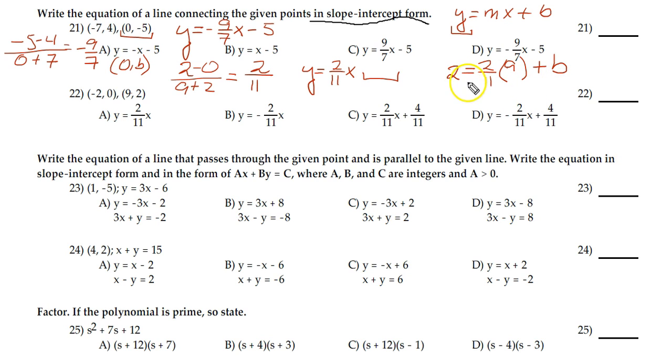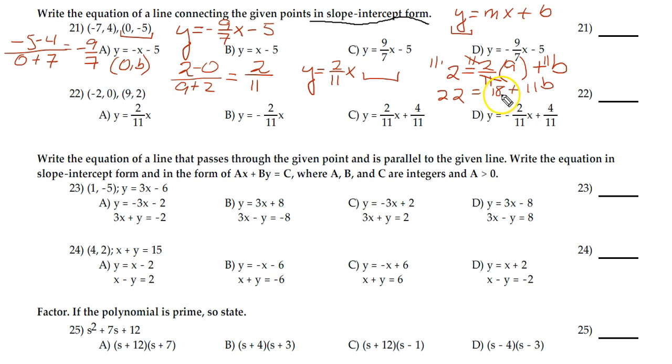So to get rid of the fractions here, we're going to multiply every term by 11. Here the 11's just cancel out, but don't forget to multiply the b by 11. So this becomes 22. 2 times 9 is 18 plus 11b.